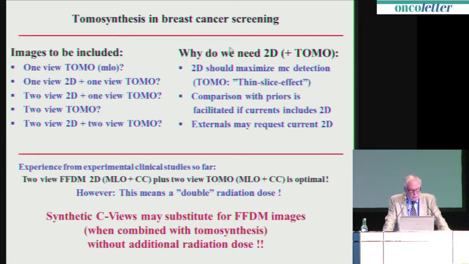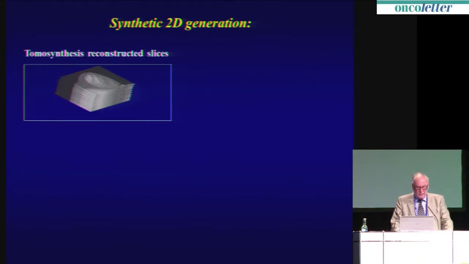But projection 2D images plus tomo would mean a doubling of the radiation dose, not acceptable in a population-based screening program, and the solution to this problem is synthetic 2D images. What is a synthetic 2D image?